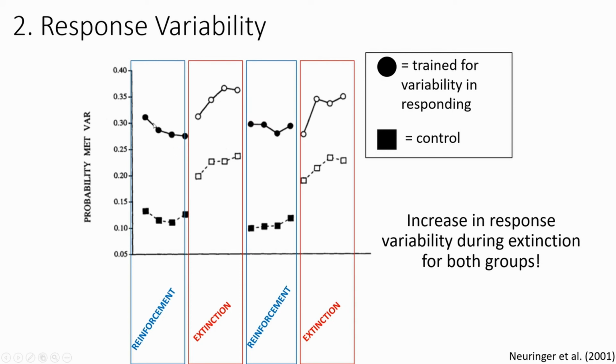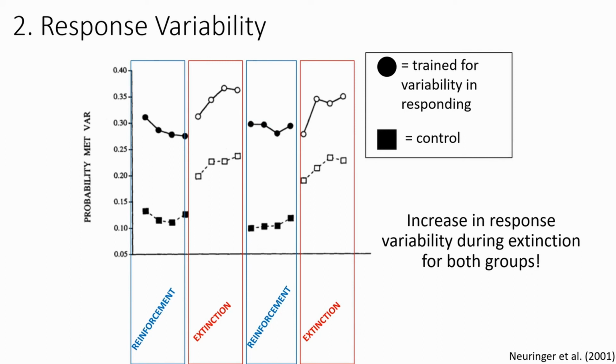If you look, our variability group shows an increase in variability even above what they had been showing during training. So they're showing a slight increase here, and our control group shows an increase in their variability as well. It doesn't matter if you were trained to be variable or not, you're still going to see in both of those groups an increase in response variability during extinction.